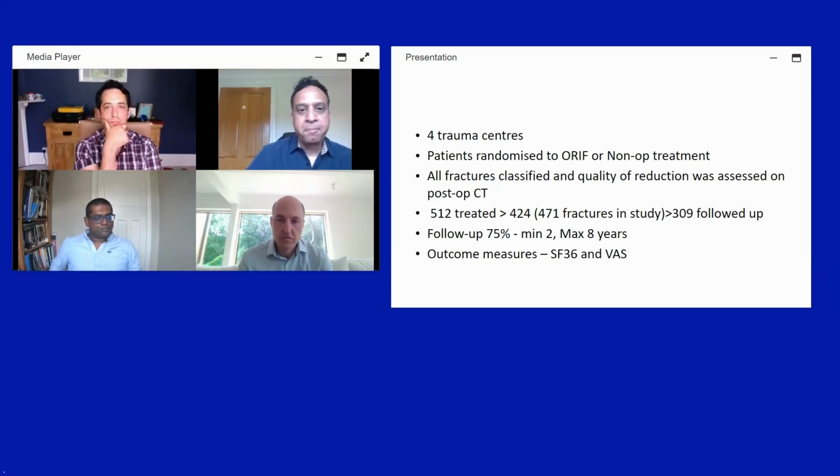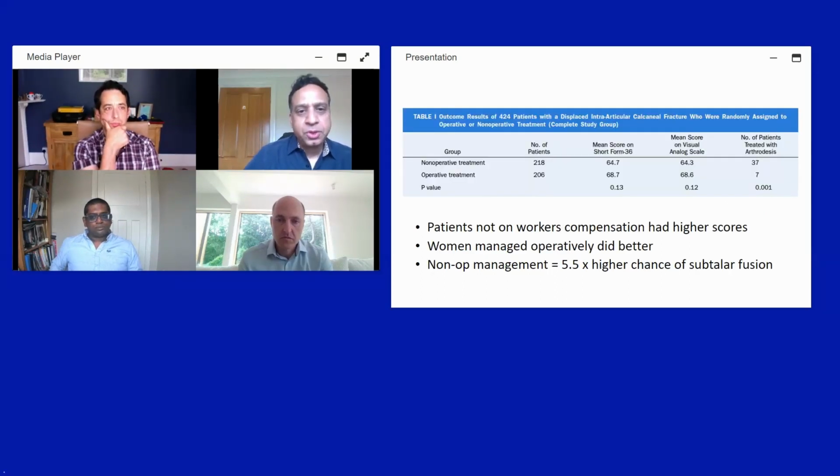Next one, please. So the conclusion in that trial was there was no difference between the two arms of operative and non-operative, but if one took the workers' compensation group away, then there was a favorable outcome for the ORIF. Women who were managed operatively did better, and the non-operative treatment led to a 5.5 times higher chance of subtalar fusion.